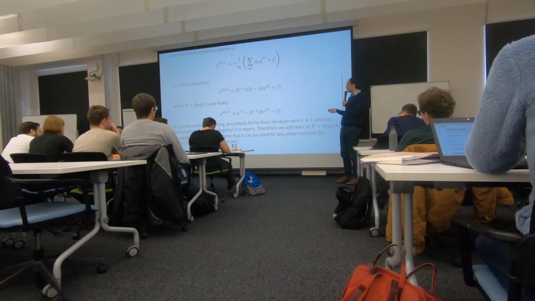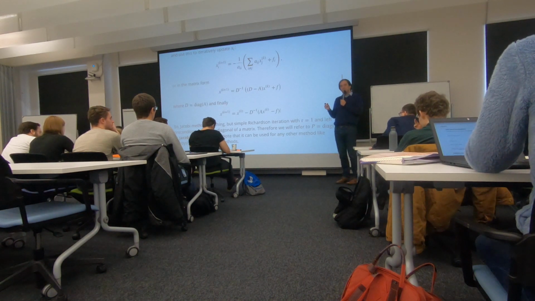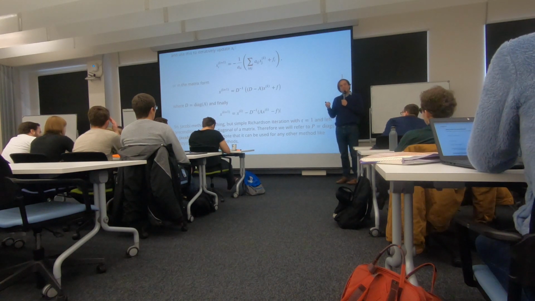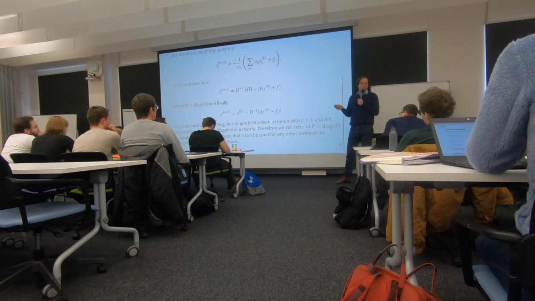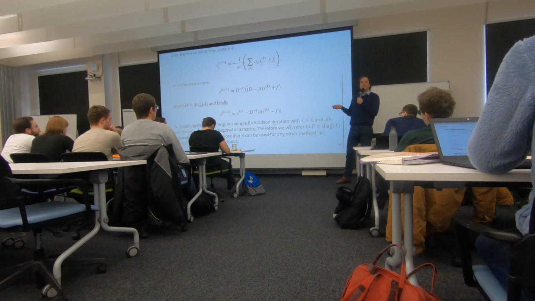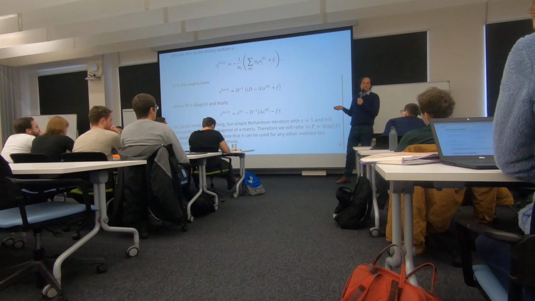And you invert it. So when will it work well? It will work well when the matrix has large diagonal. If the matrix is diagonally dominant, it will work well. When will it not work? It will not work, for example, in the case where all the entries on the diagonal are the same.